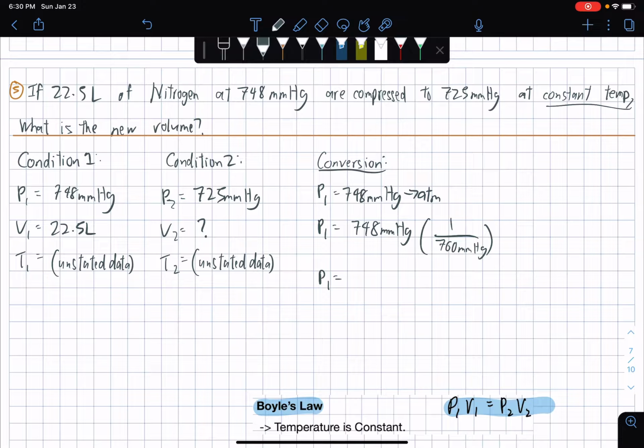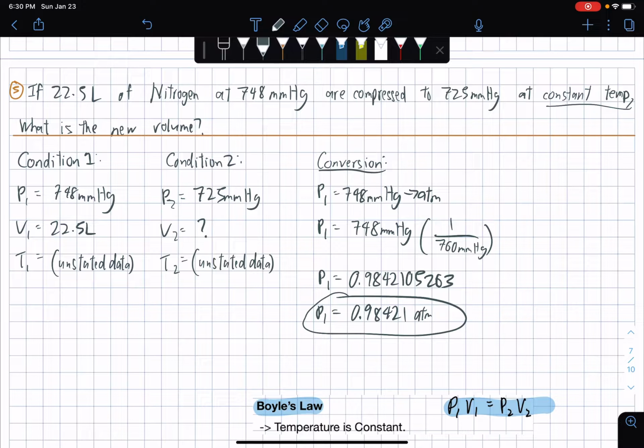I'm so sorry, give me a few seconds to place the values in the calculator. Alright, we have 0.9842105263. P sub 1 is equivalent to 0.98421, rounded off to 5 significant figures. And of course, place atmosphere. So that's the converted value of pressure 1.